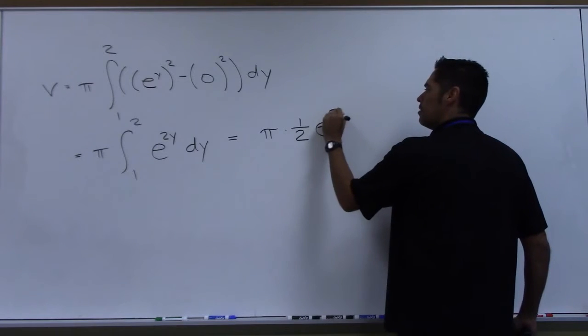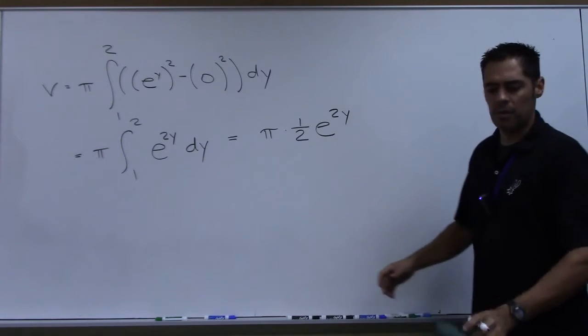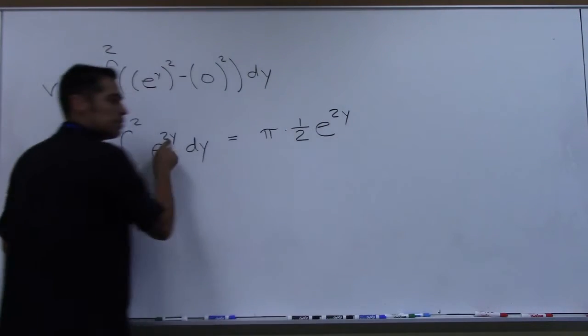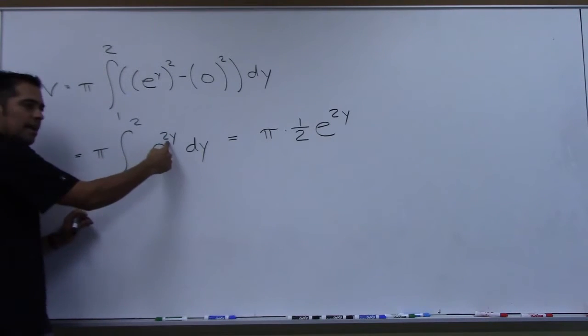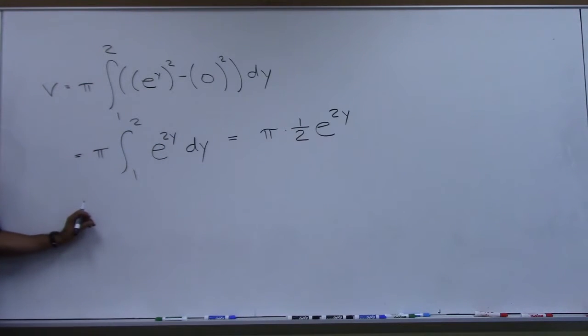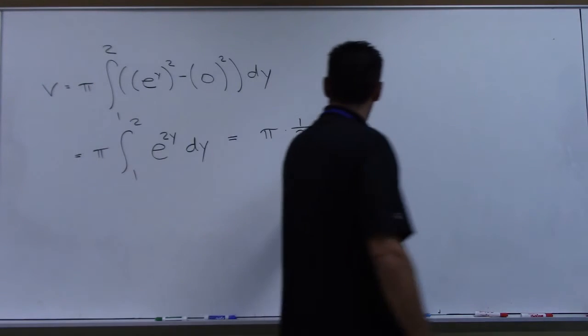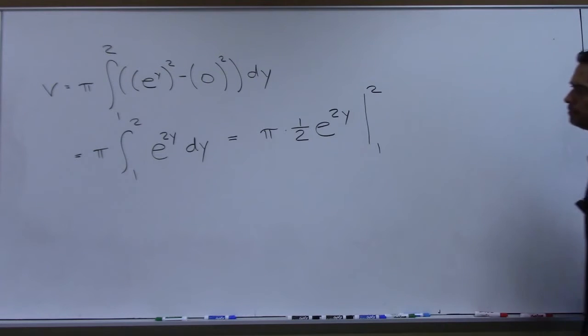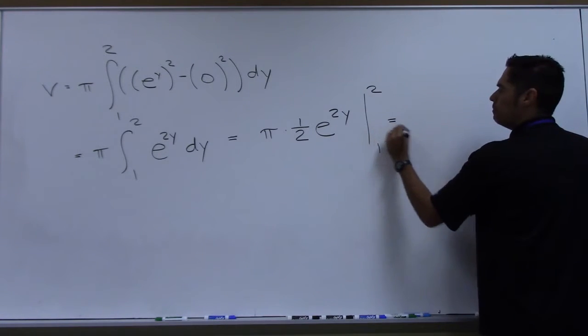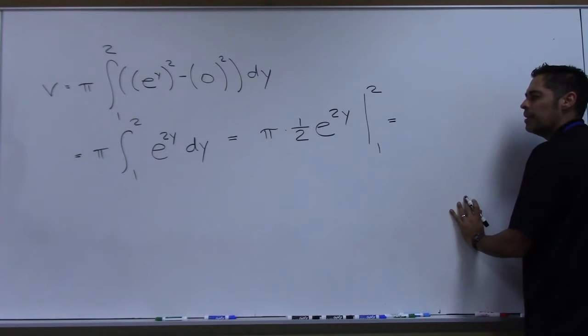One half e to the 2y. So you have to look at this as being a linear expression inside of the e. When you integrate it, you have to scale by the a that's in front of the variable. So it's 1 over a e to the 2y, going from 1 to 2. Let's plug in 2.